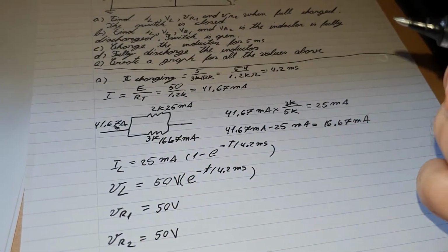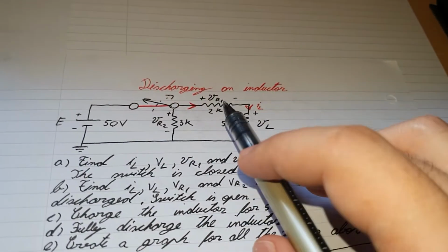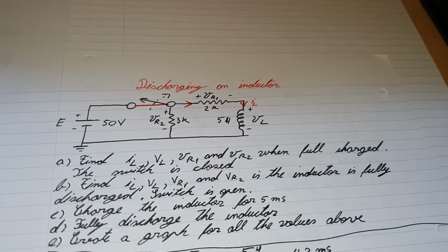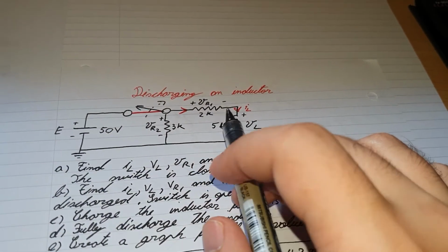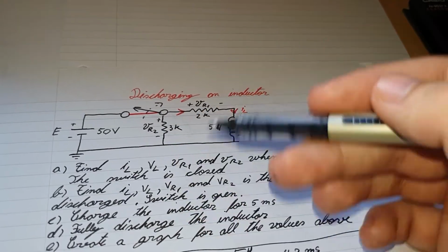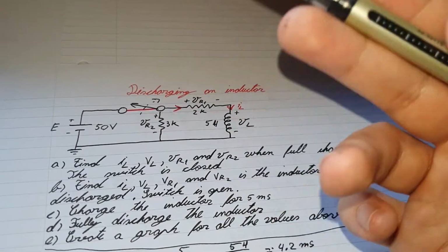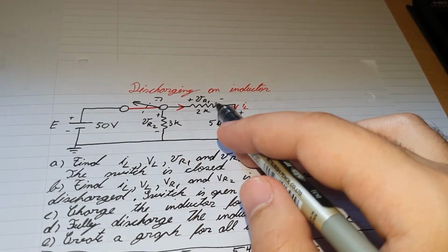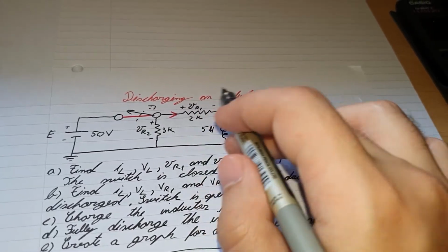However, it's a very big difference inside the resistor VR1 because VR1 is manipulated directly by the inductor, which means that the value of voltage going to this resistor depends on time because of the inductor. As you know, it slowly builds up the current going through it. So because it's not an instant process, it will slowly build it up, and therefore slowly the voltage inside the resistor will increase as the current increases in this section of the circuit.